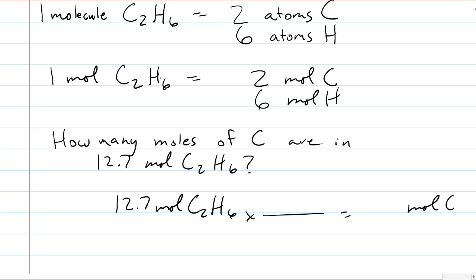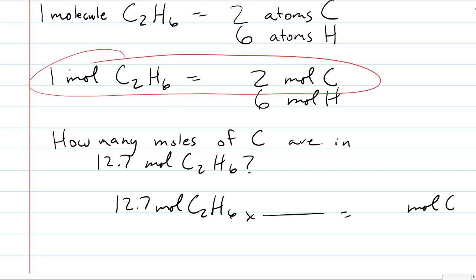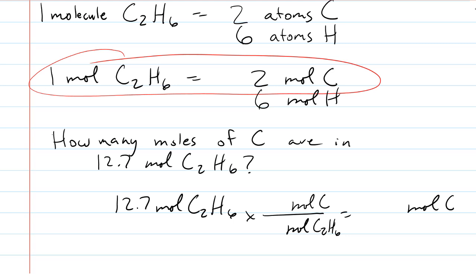So for this one here, we look at moles of which stuff on the bottom? C2H6 goes on the bottom, and on the top we'd put moles of C. The number that goes on the bottom would be how much? 1.